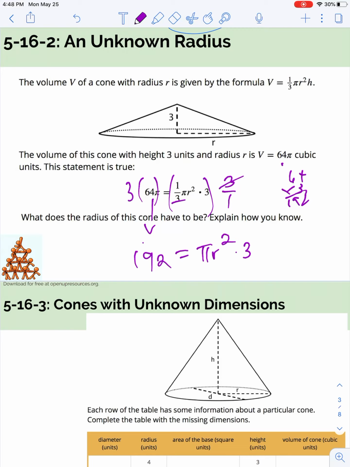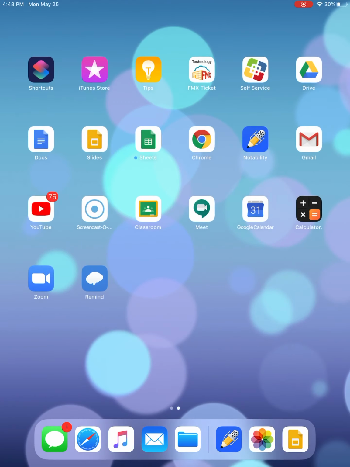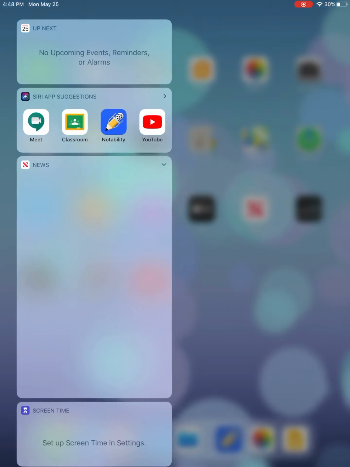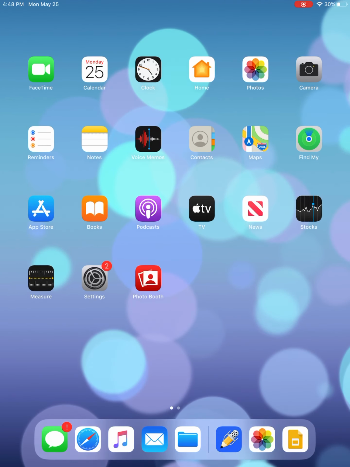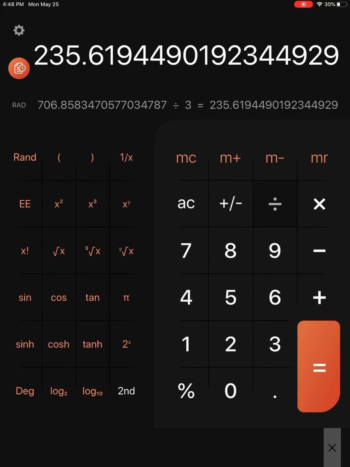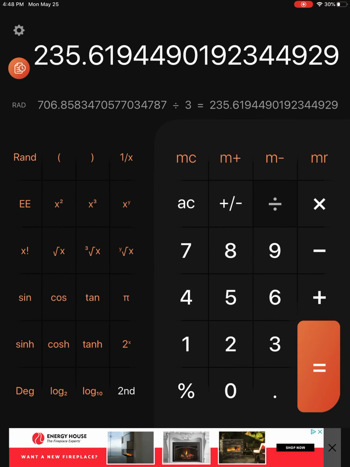So then the next thing we do, divide by 3. But where is the calculator? 192 divided by 3. Calculator, where are you? Where's the calculator? There it is. Okay. Clear. How do you clear it? Oh my goodness, what's happening?